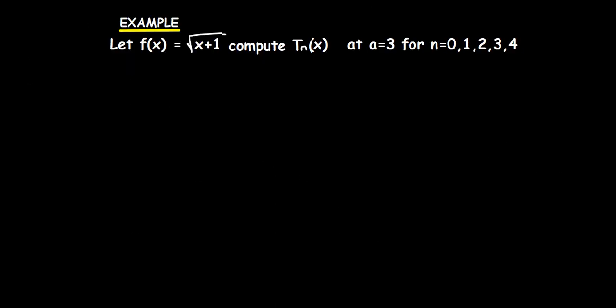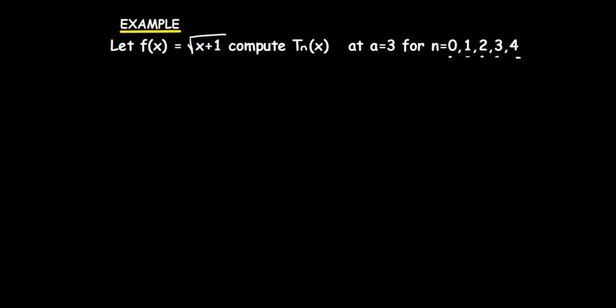So we have this question here, and it says, let f of x equal the root of x plus 1. They're telling us to compute T_n(x) at a equal to 3 for n equal to 0, 1, 2, 3, 4. In this case, they have not said we should generalize for n, but they've given us exact values of n to use, up to 4.